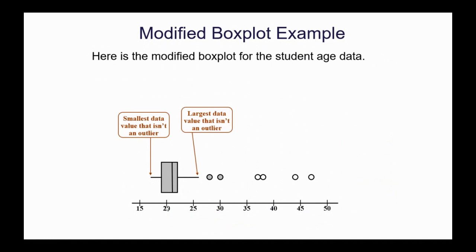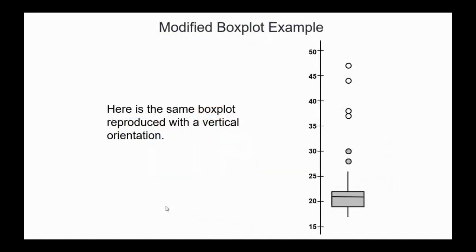Smaller value, that is an outlier, largest value. That's how it would look vertically. So it's the same thing, just turned upwards. If you want to draw that real quick, you can. But it's the same exact box plot, we're just drawing it vertically instead of horizontally.